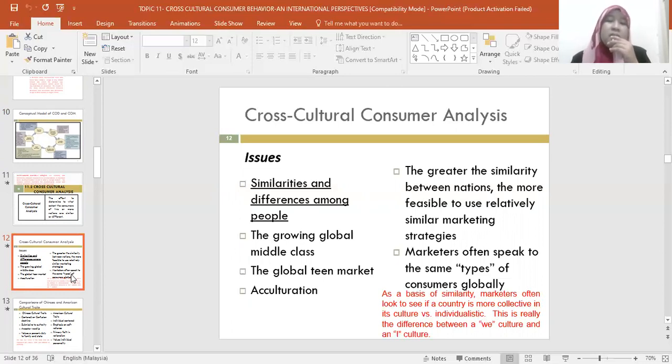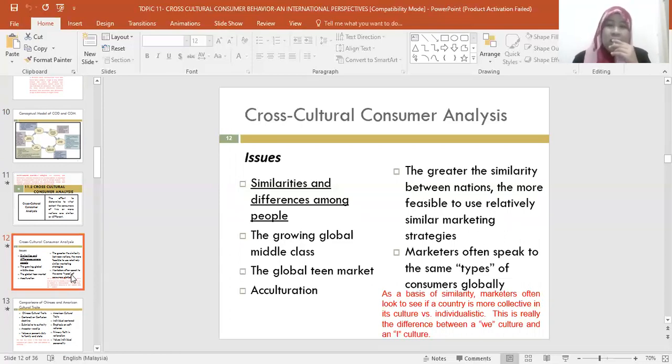As the basis of similarity, let's give an example in here, we versus I. We refers to groupism or collectivity culture, a culture that likes teamwork, working in a group. Compared to I culture, which is more independent. They want to show that they are more talented, capable of doing things alone without getting any help from another team member. This is shown in something like leadership.